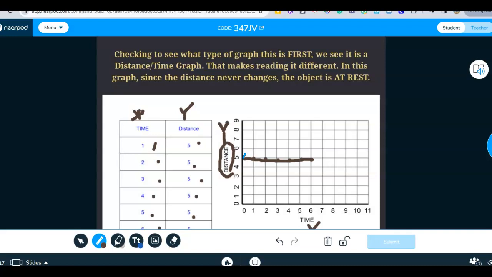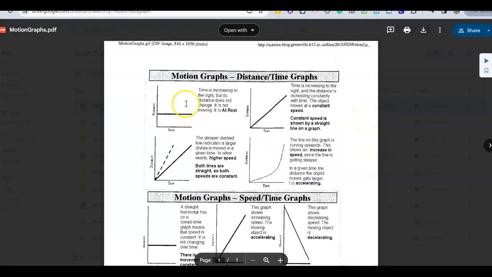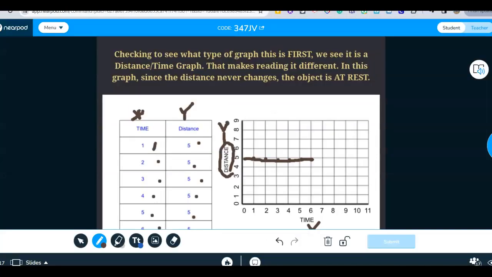It could be 5 miles down the road, right? So if you pull up Waze and you're trying to see if somebody's coming to pick you up because they said they're on the way, and you realize every time that you pull them up on Waze, they're sitting in the same spot. Are they moving? No, they are at rest because look, this is a distance time graph. I have to move up to here, which means this car is not moving. So this would be at rest.